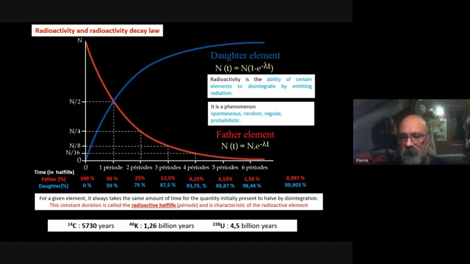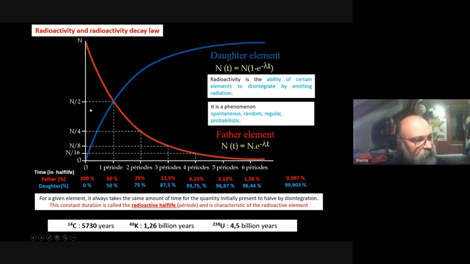So you have here the red line and the blue line. The red line corresponds to the father element, which disappears with disintegration, and the blue line is the daughter element, which appears because it is the transformation of the father element.